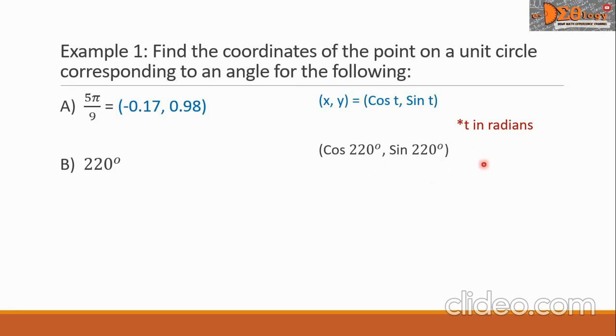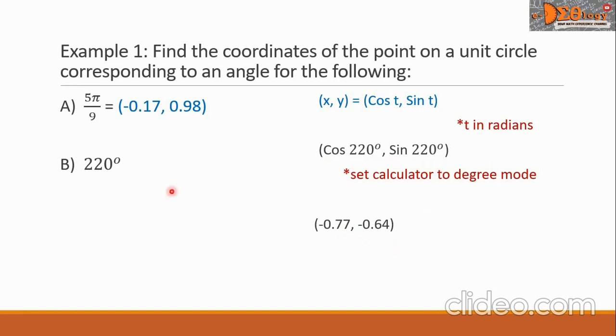Don't worry about it because in the calculator we're going to set it in degree mode. And if we take the cosine of 220 degrees, we will get negative 0.77, and the sine 220 degrees is equal to negative 0.64. So this is our coordinates.